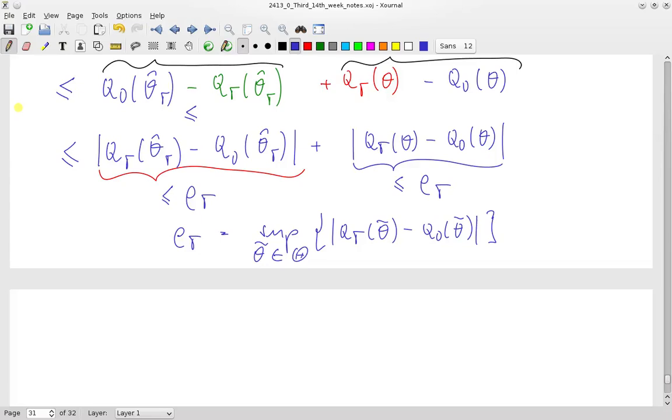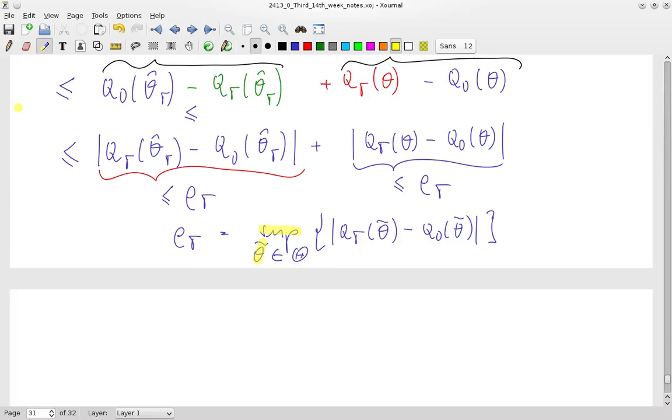Now, if you compare that, the sup is given by your theta tilde choice, but neither theta hat nor theta need correspond to it. It could be the case that theta hat and theta correspond to this value theta tilde that you pick, and that gives you actually this maximum difference. But that is by chance.